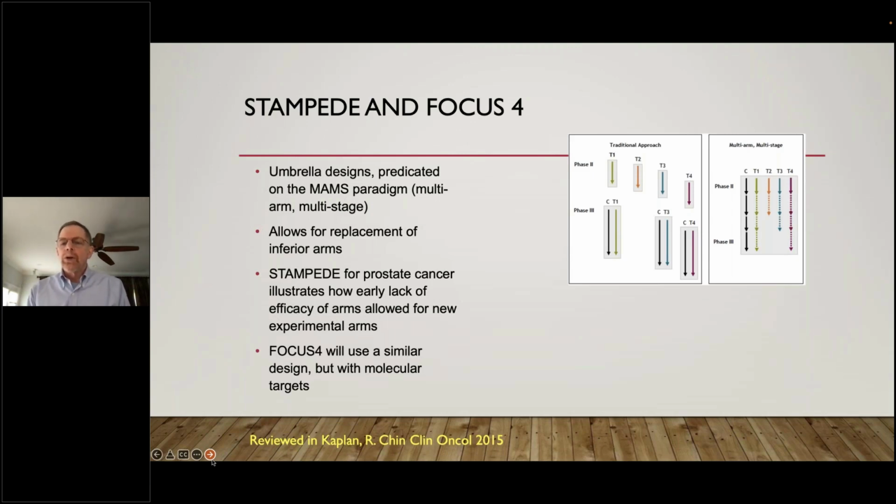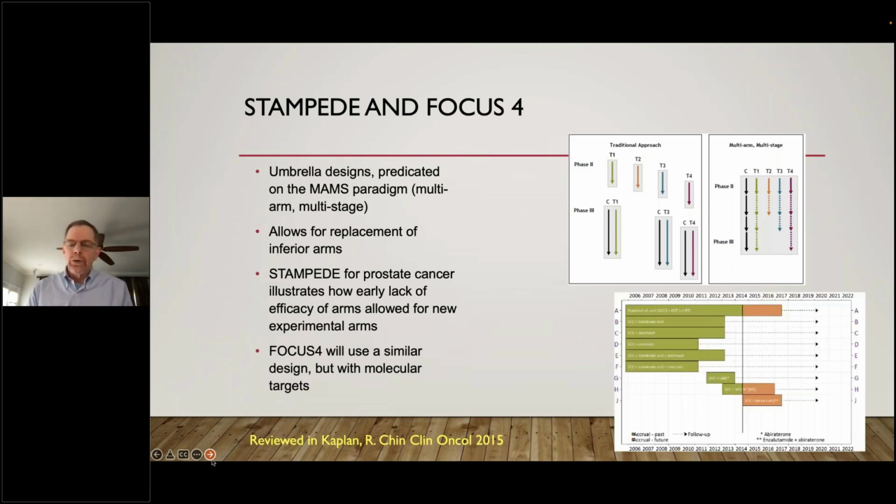The multi-arm, multi-stage has a single control arm and multiple arms that, if they underperform, can drop out. And so this was used in the STAMPEDE trial for prostate cancer. You can see the top line is the standard of care that continues on, and then multiple experimental arms. The early ones all dropped out for lack of efficacy, and the design allowed them to roll in additional arms.